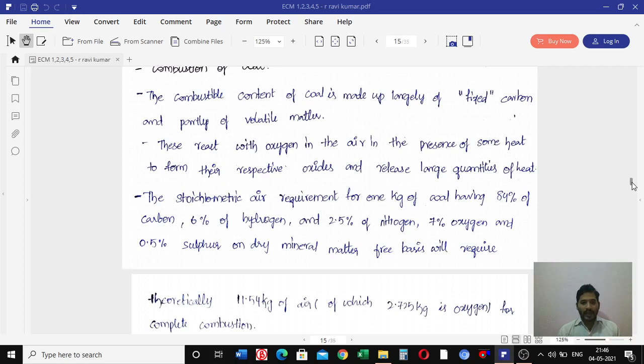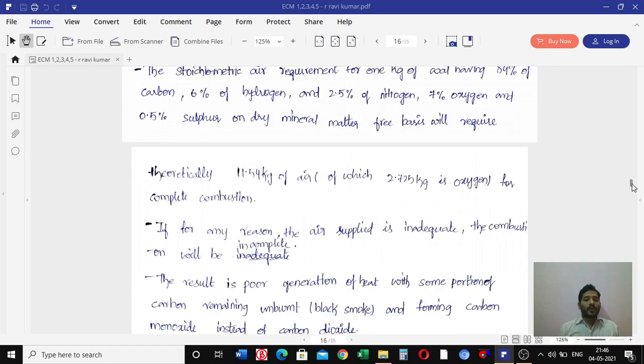So as well, in the combustion of coal, the air requirement for 1 kg of coal having 84% carbon, 6% hydrogen, 2.5% nitrogen, 7% oxygen and 0.5% sulfur, on a dry mineral-matter-free basis, will be as follows.